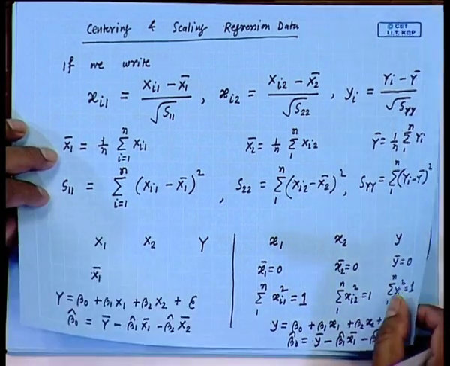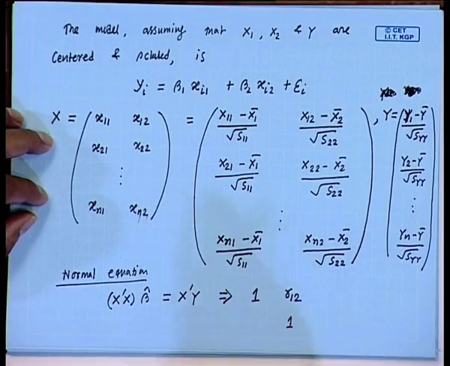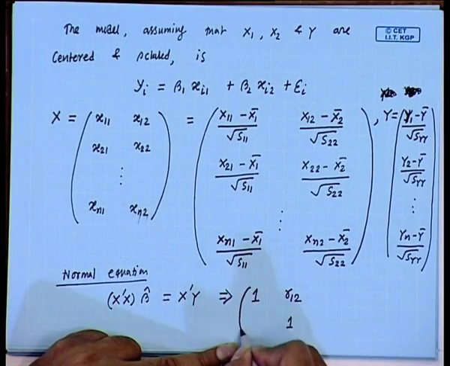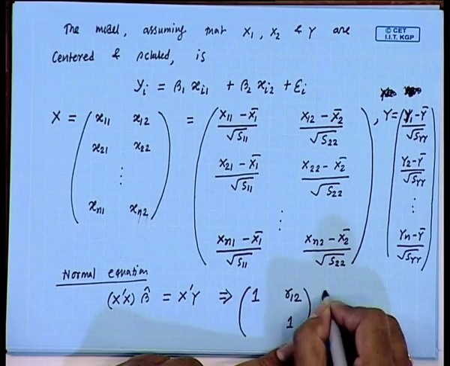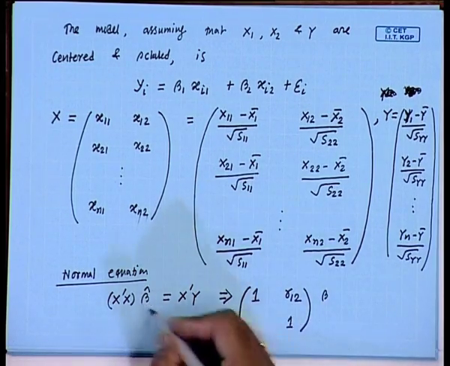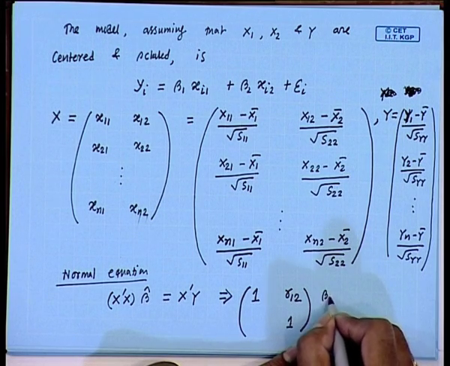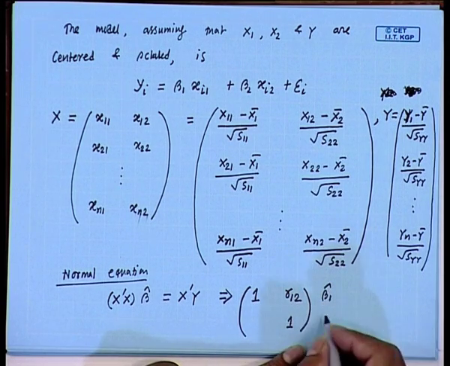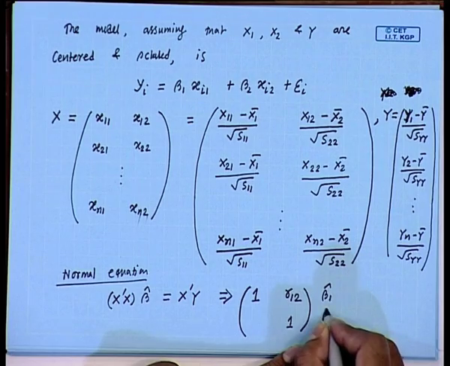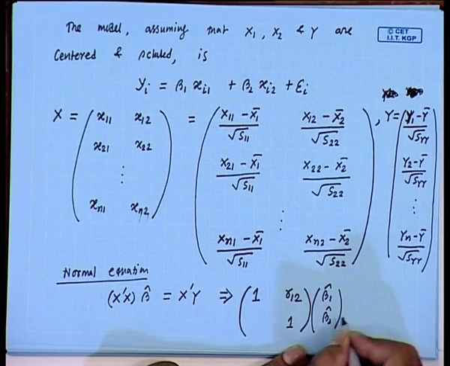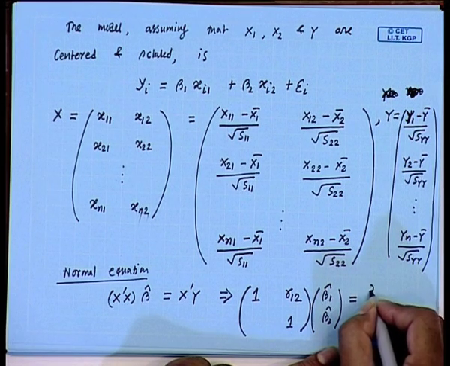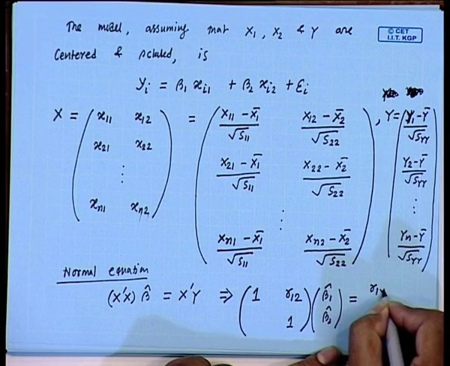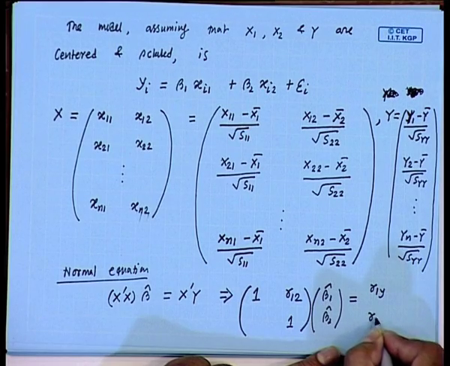That is why these two elements are equal to 1. And beta hat here has two elements, beta 1 hat, beta 2 hat, which is equal to R1y, R2y.